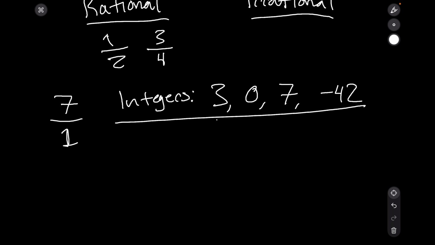So 1 is an integer, 2 is an integer, and that makes a ratio when you put them on top of one another. So rational numbers can always be rewritten as fractions using integers. So 0.75 is equal to 3 over 4.